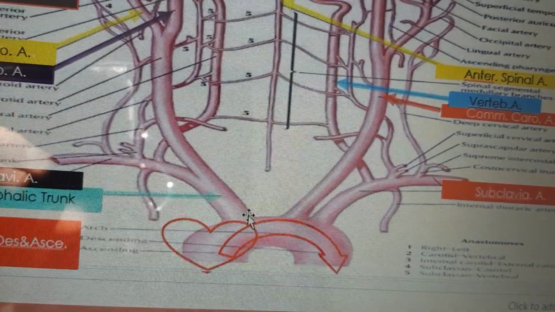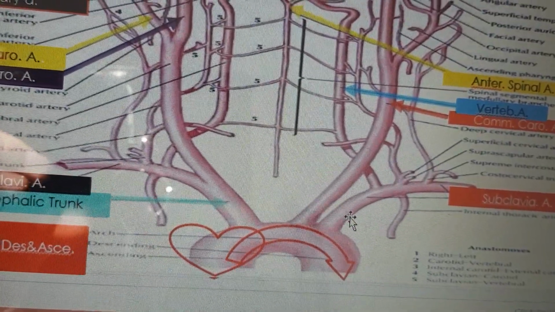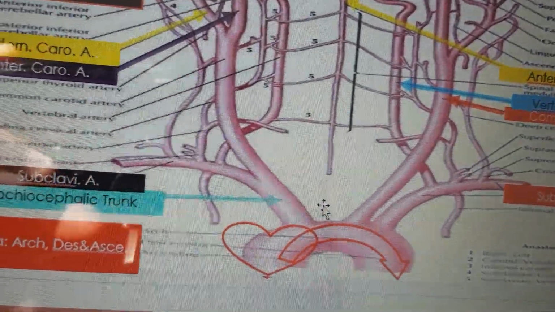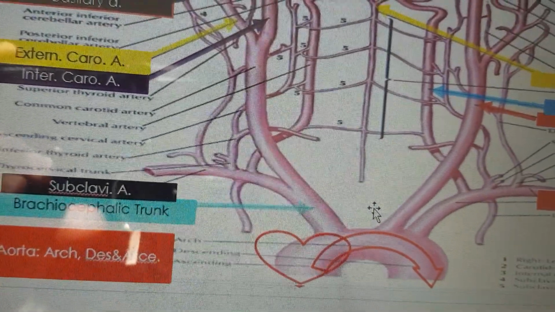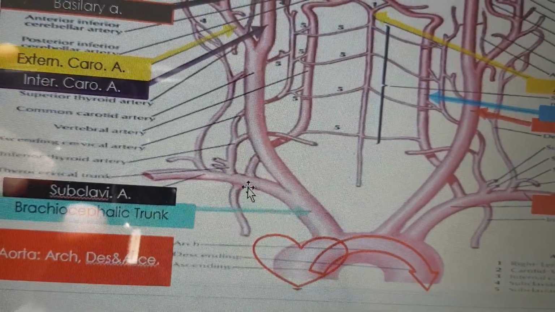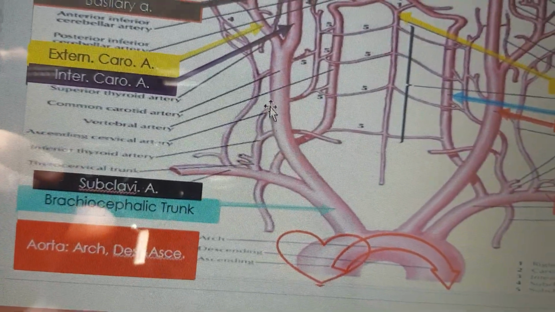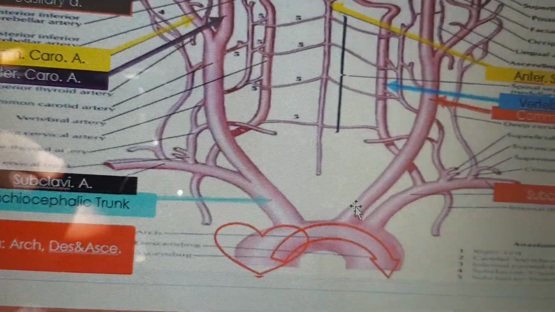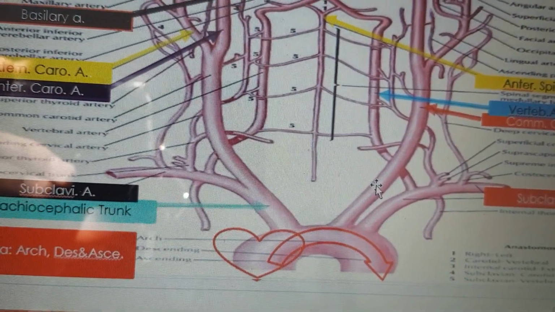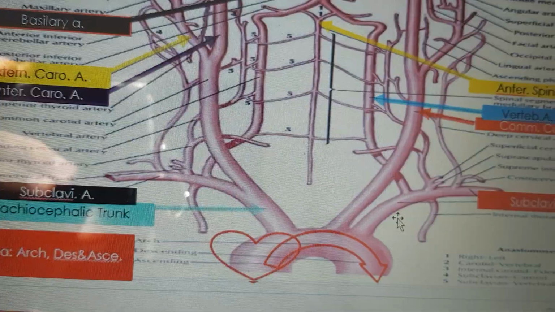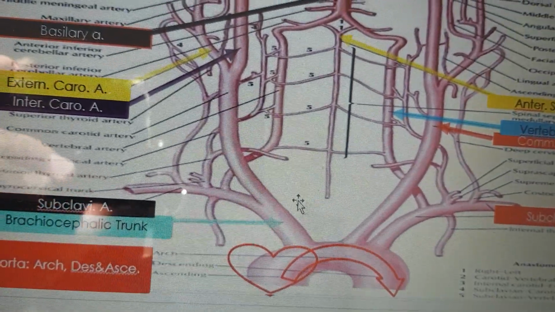There is a trunk on the left side which is not present on the right side. This trunk is the brachiocephalic trunk, which gives rise to the subclavian artery and the common carotid artery, while on the right side the common carotid artery and the subclavian artery are coming directly from the arch of the aorta.